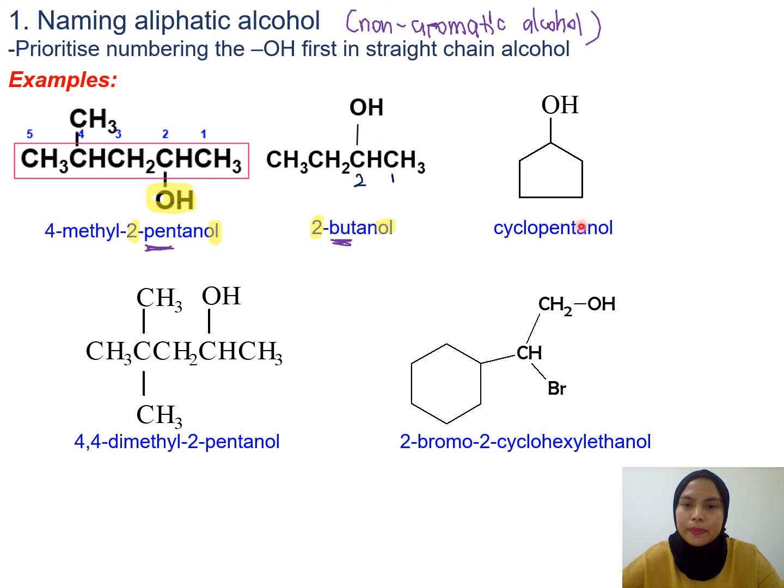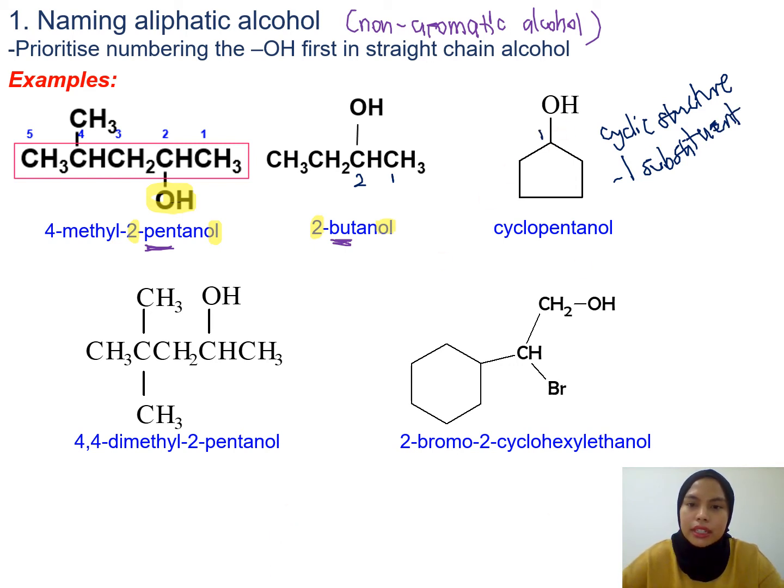Next ialah you ada cyclopentane and then the OH directly attached to the cyclopentane. So nama dia ialah cyclopentanol. Okay, for a cyclic structure yang ada satu je substituent, dah sah lah. Carbon yang ada substituent tu ialah carbon number 1, kan?